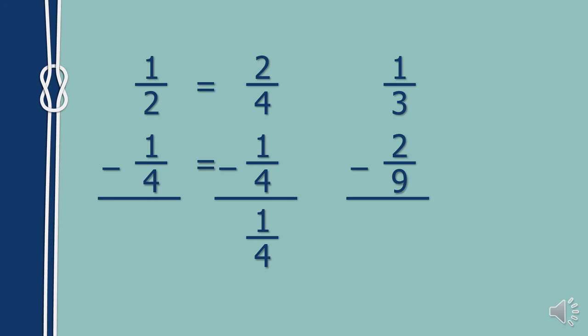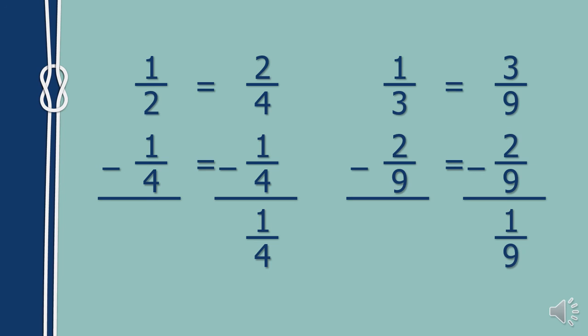And I think that we can rename thirds as ninths if we multiply by a name for 1, 3/3. That would give us 3/9 minus 2/9 equals 1/9. So there you have it. We can add and subtract fractions if they are in unlike terms, if we put them into like terms first.